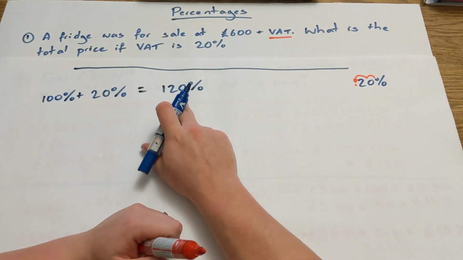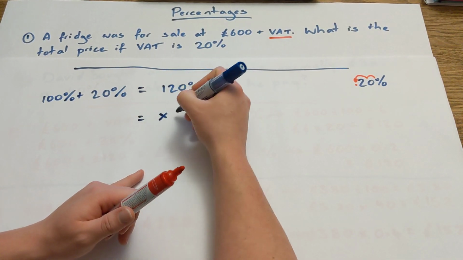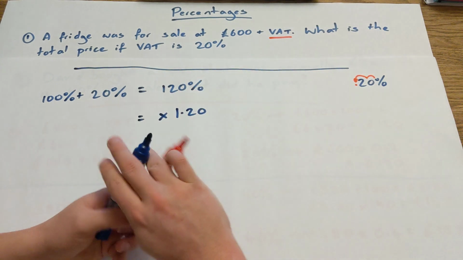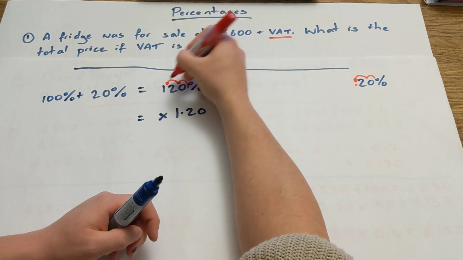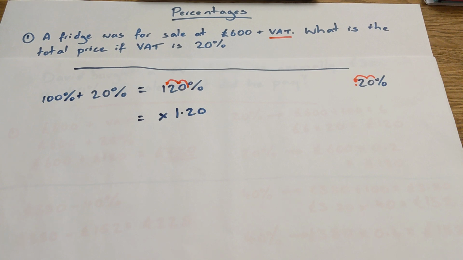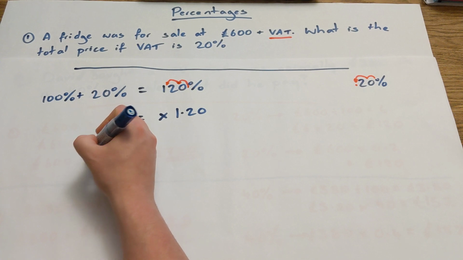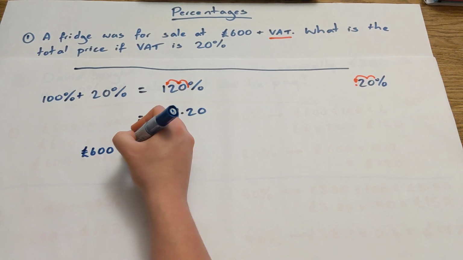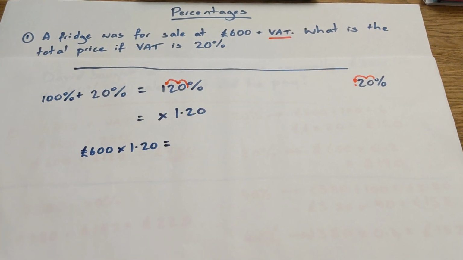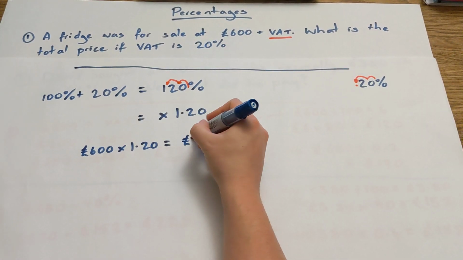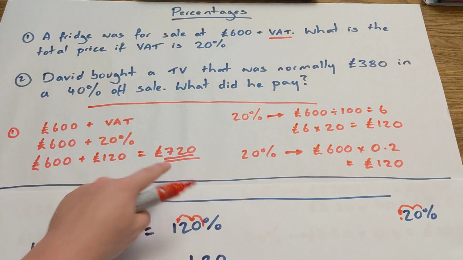To work out 120% of something, we can just go straight to timesing it by 1.20, because we're moving a decimal point in 2 places here. So to work out what this is plus the 20%, what we could do is £600 times by 1.20. Pop that on your calculator and you will get £720, which is exactly the same as what we got before.